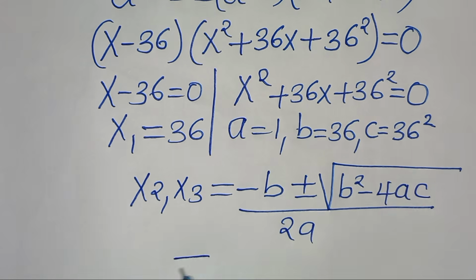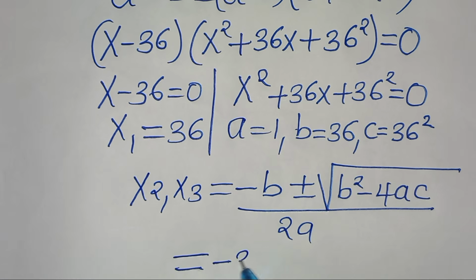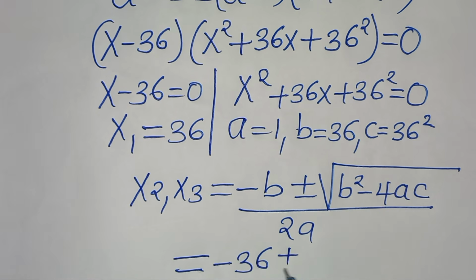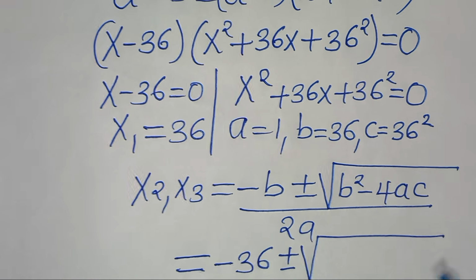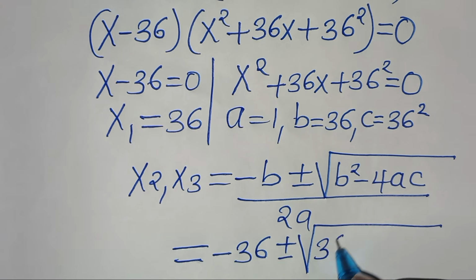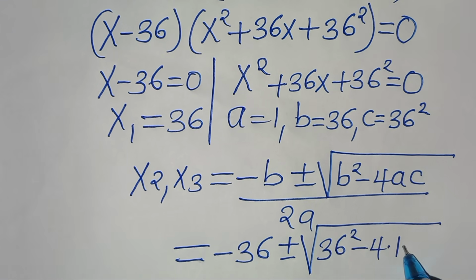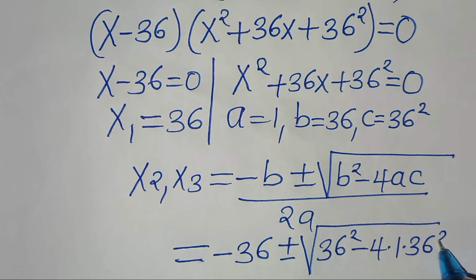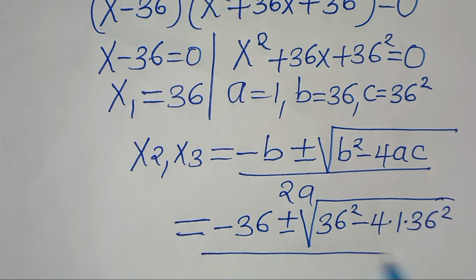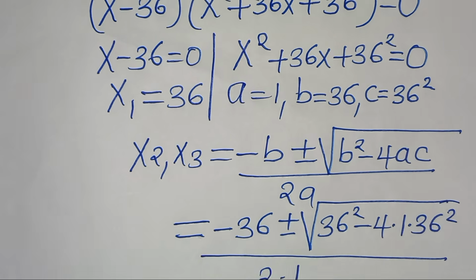So this is equal to negative 36 plus or minus the square root of 36 to the power of 2 minus 4 times a, which is 1, then times 36 to the power of 2, divided by 2 times 1.